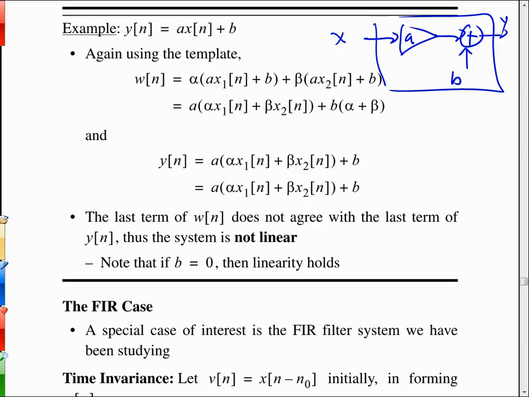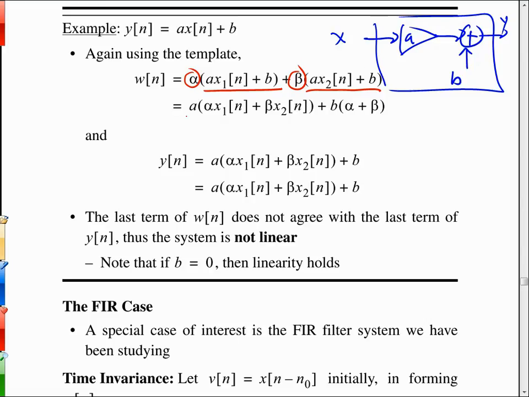So the way you'd prove this then is you would apply the individual inputs to the system. Here's the application of x1, which produces at the output A times x1 plus B, and then we apply the second input to the system and it produces A times x2 plus B. Then we apply the gain scales after they come out, alpha and beta, and then I did some factoring on that.